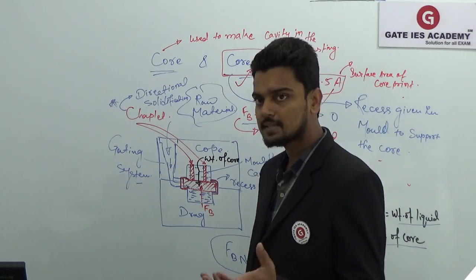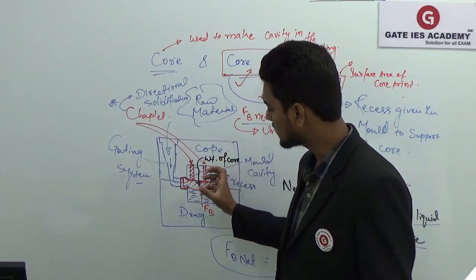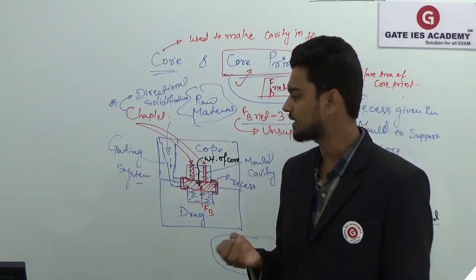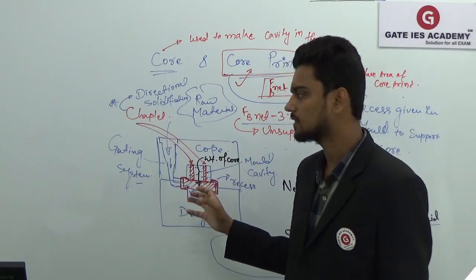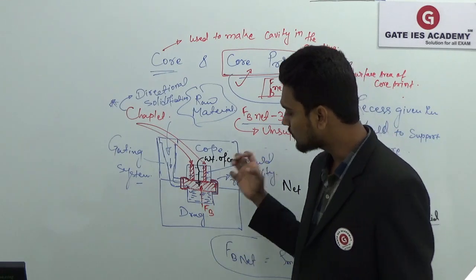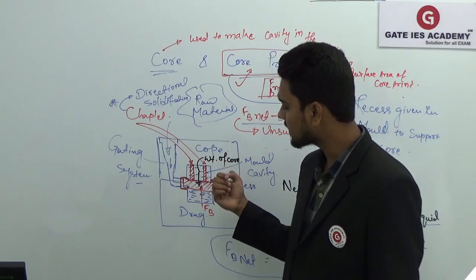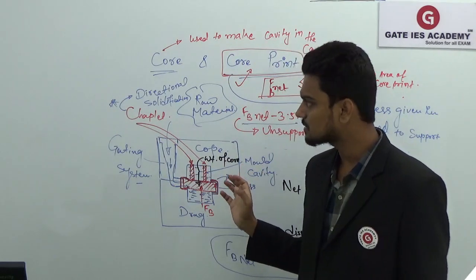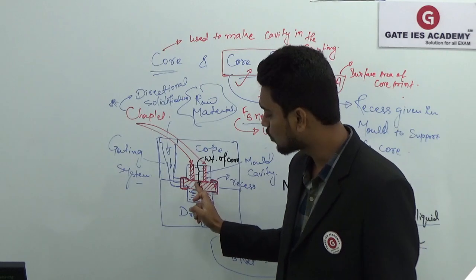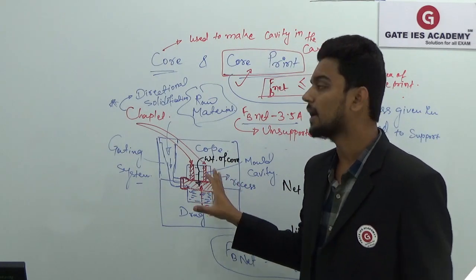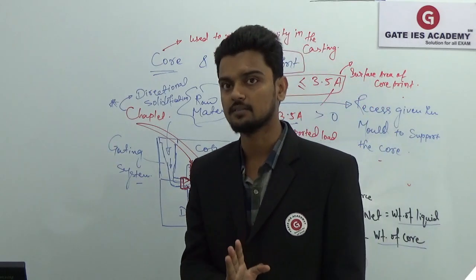Now, we discussed that during solidification, this molten metal will shrink. It is a property of the material that it will contract during solidification. The contraction in that molten metal will be towards the center. So high collapsibility means the ability of that core to allow contraction in that molten metal during solidification. That is what collapsibility means.